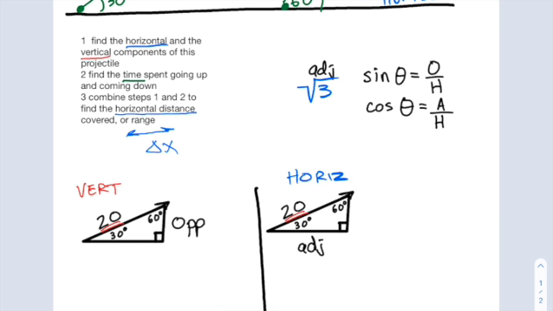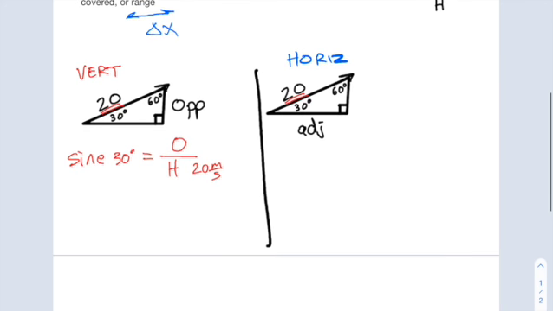All right, so solving this, we have the sine of 30 degrees, and that's going to equal the opposite side over the hypotenuse, which is a known 20 meters per second. We're going to multiply both sides by 20 to get rid of the 20 meters per second. On that side, we have 20 meters per second times sine of 30.